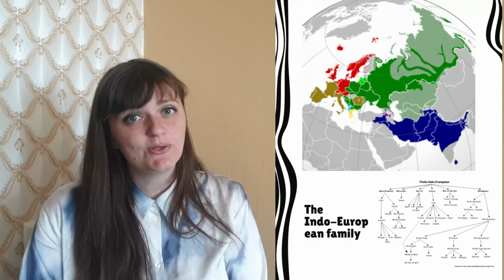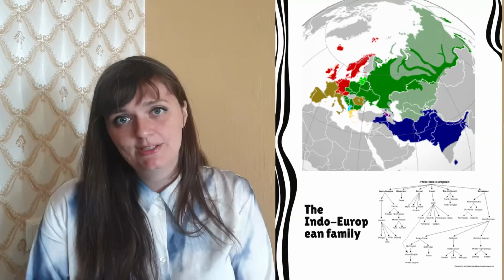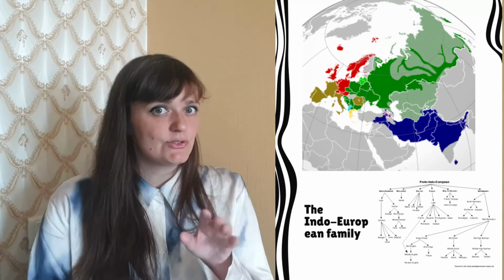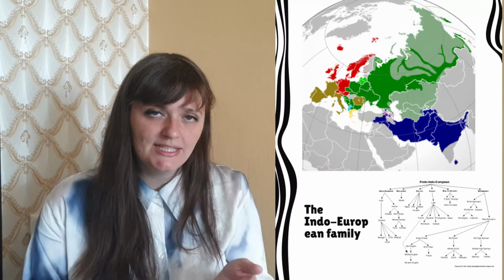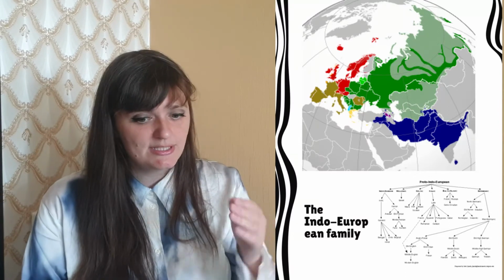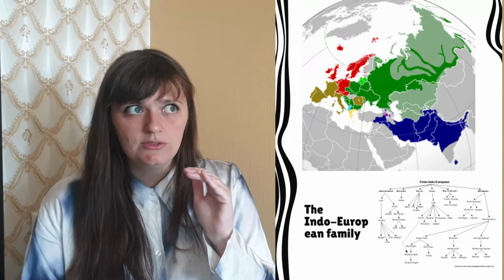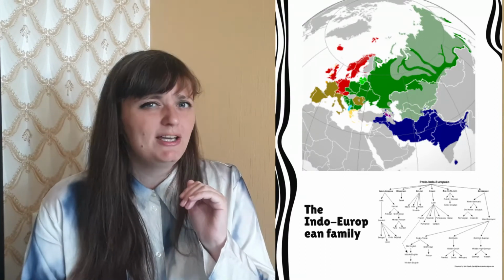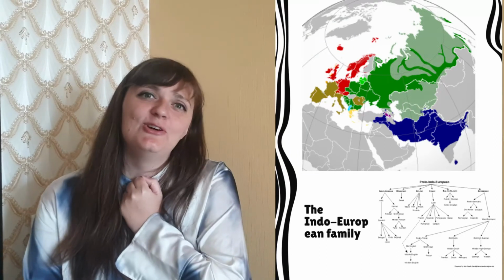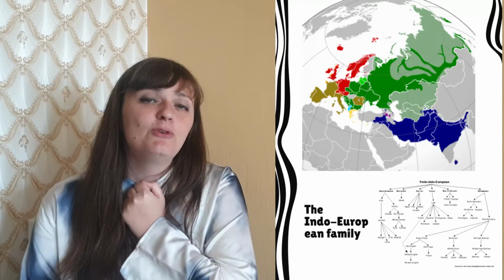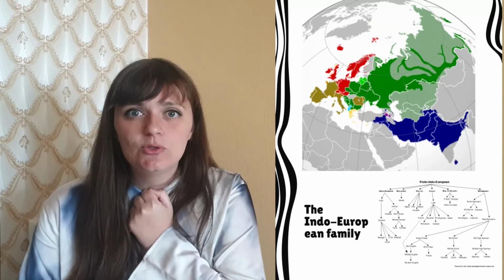Right, so if we have a look at this map, we can see exactly where the Indo-European families are located. So for example, the red color over here, that's Germanic languages. The yellow color down there, those are all Romance languages. Why are they called Romance? Because they're so romantic? No, because they come from the Roman people. The Roman Empire, they spoke Latin.